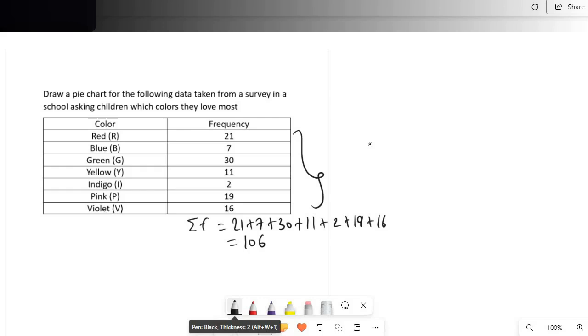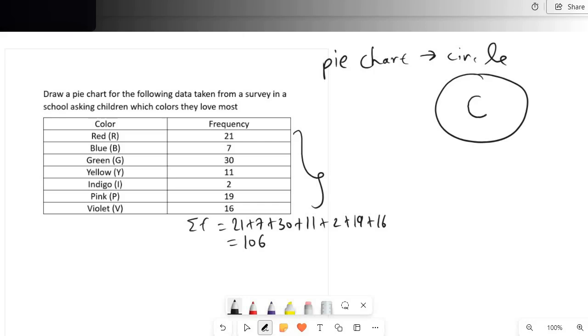And because we know that a pie chart is essentially a circle, the central angle is going to be 360 degrees, and the way we actually draw a pie chart is by evaluating the ratio. For example, for red or R, the ratio of the frequency to the total is going to be 21 divided by 106, and this is the ratio of the frequency of red with the total number of children.